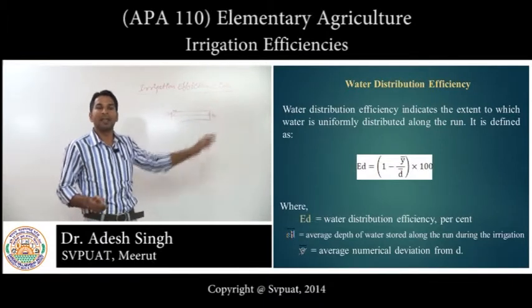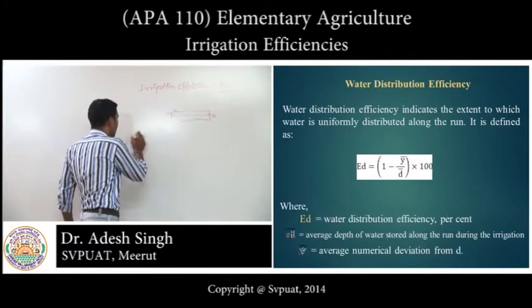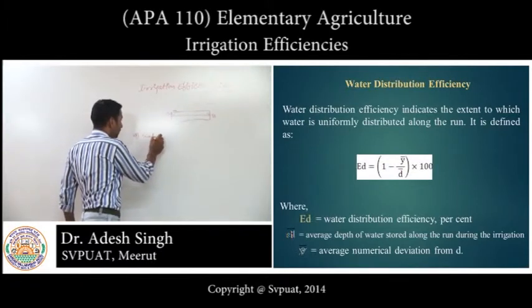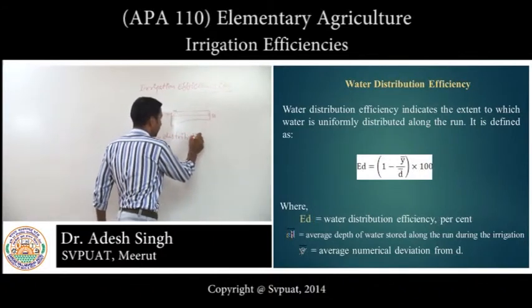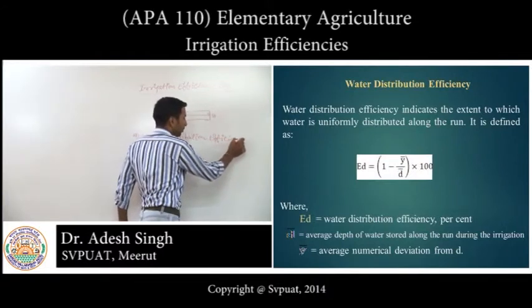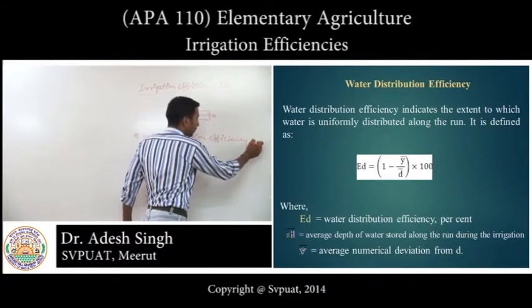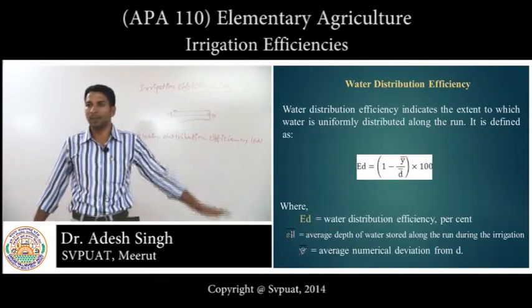Clear? So the other efficiency is known as the water distribution efficiency, denoted with capital E, small d.